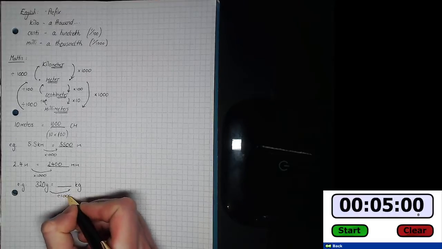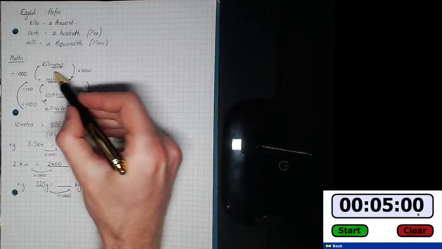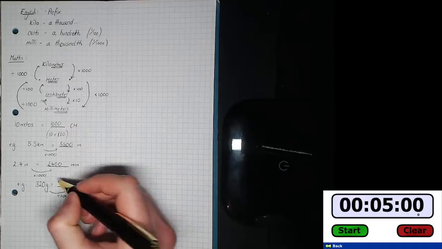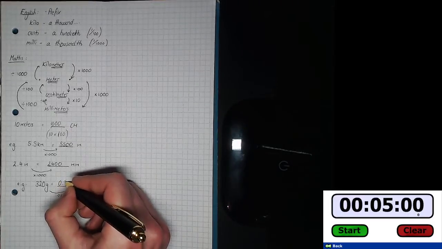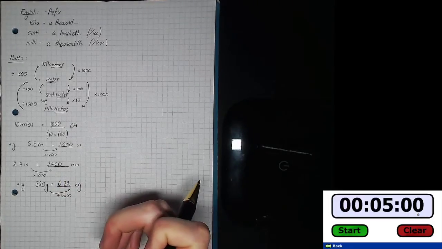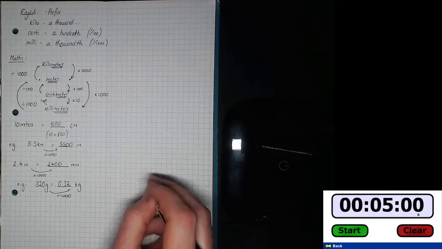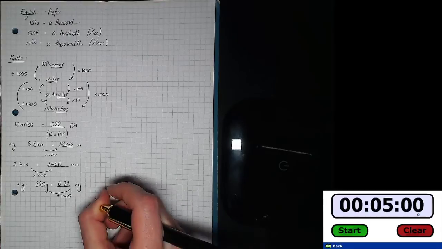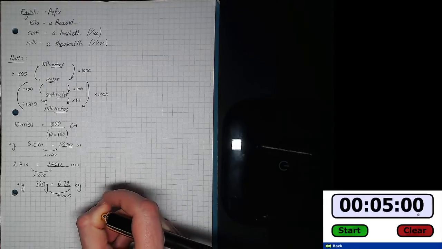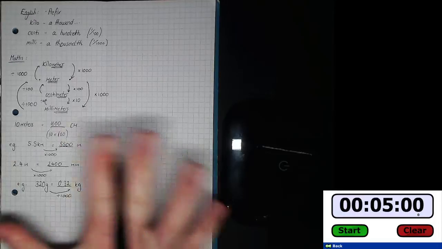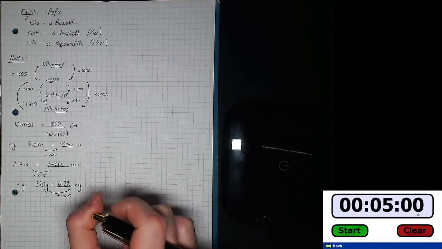The conversion is exactly the same, we just swap the word out. That's what's really good about metric units. Metric units are extremely straightforward to work with, because if you know one conversion, you know them all.